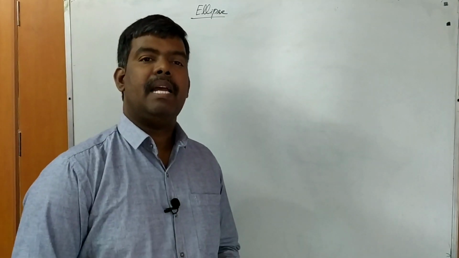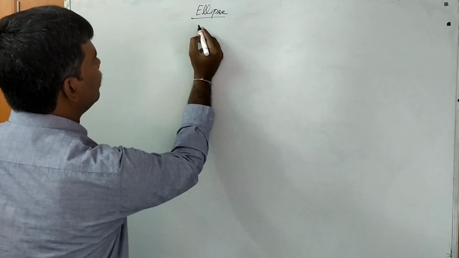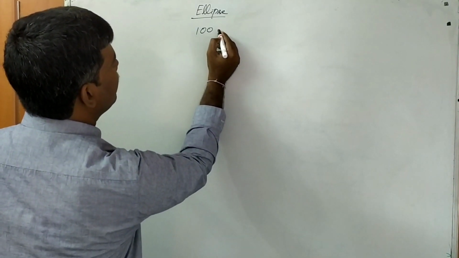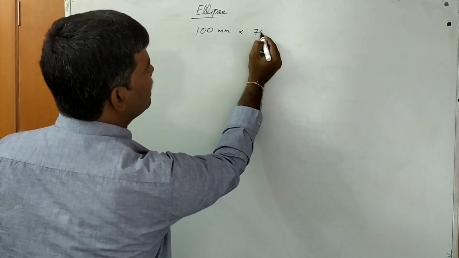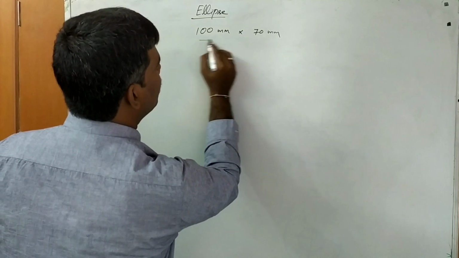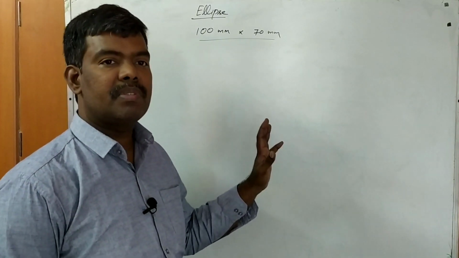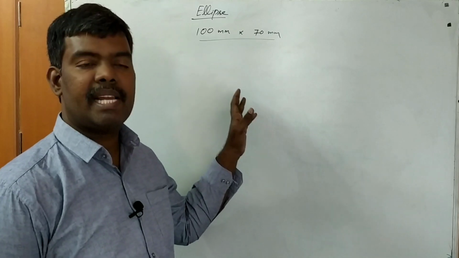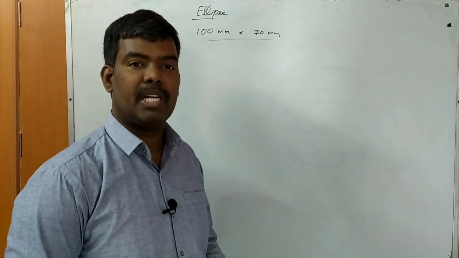Clear? So let's go. Ellipse, the major axis 100 mm and the minor axis let us consider 70 mm. So simply mention: construct an ellipse of major and minor axis size 100 mm and 70 mm. Even then we could go for the rectangle method also.